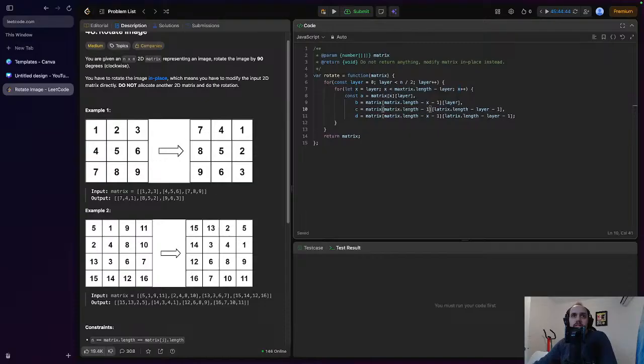So X is actually affecting this. We're doing plus X here as well. And D, the X is going to be here, and it is going to be minus.